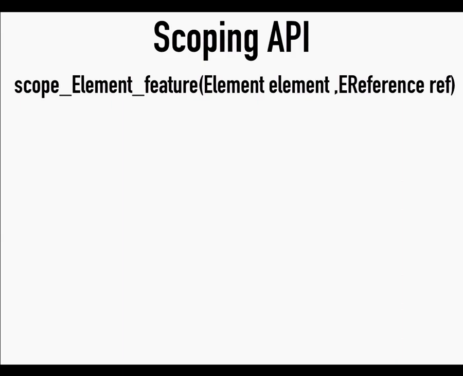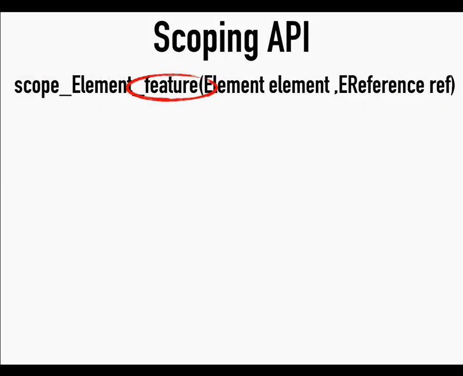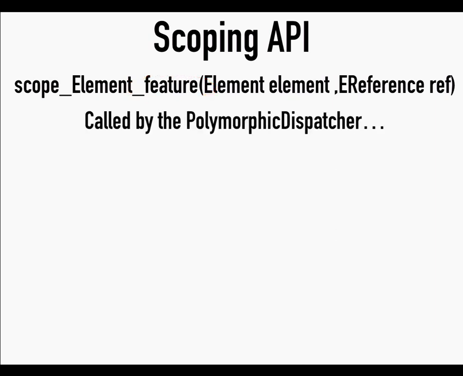The scoping API, you might already know that, and some people like it. Same for my projects. At the beginning, we introduced it to make things easier. There's a convention: you have to call the method scope, followed by the name of the element, and then the feature. And then it's magically triggered. Sometimes you wonder how it is triggered.